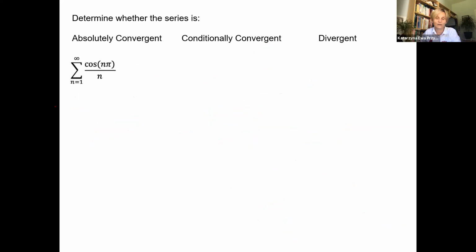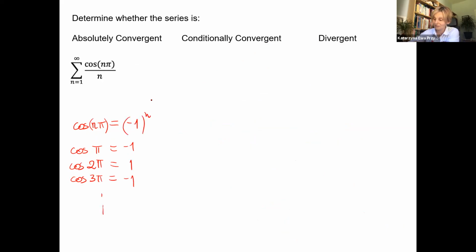Cosine of n pi over n. Do we remember cosine of n pi? How cosine of n pi behaves? Cosine of 1 pi. Yes. Oh, thank you, Afin. That's really good. 2 pi. Yeah, 3 pi. We remember this is -1, +1, -1, +1.